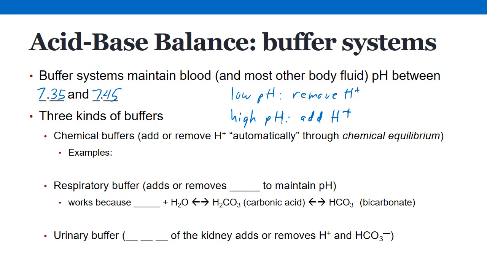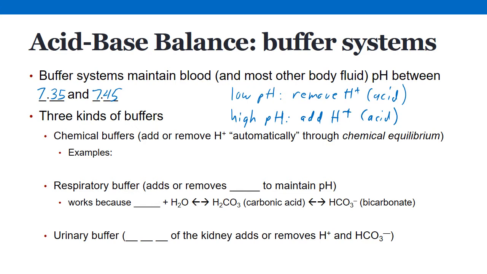So we're going to remove acid or add acid. One kind of buffer is a chemical buffer. These add or remove H plus automatically through a process called chemical equilibrium.